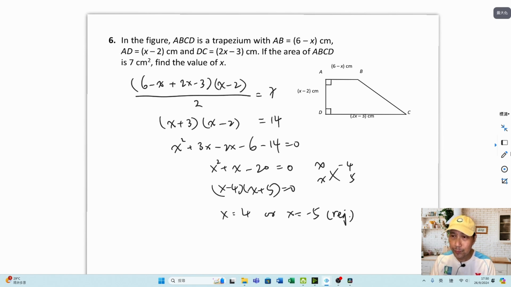We need to put it back into the diagram and see whether any of the lengths will be negative. We put 4 back into these 3 sides. The first one is 2 cm, the second one 2 cm, the third one is 5 cm. That's okay. So the value of x is equal to 4.